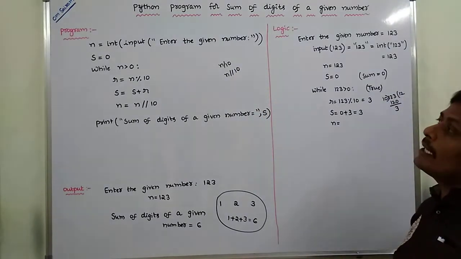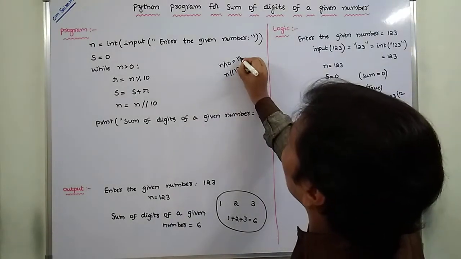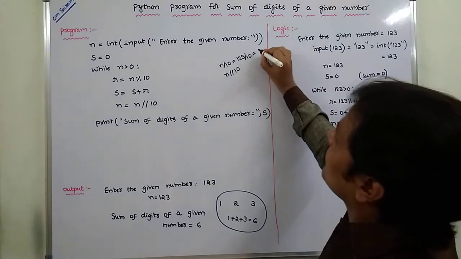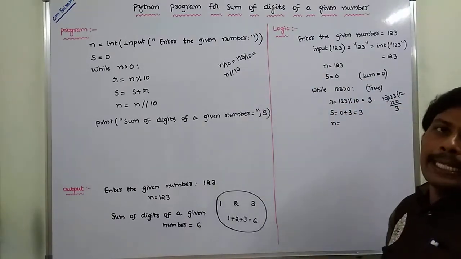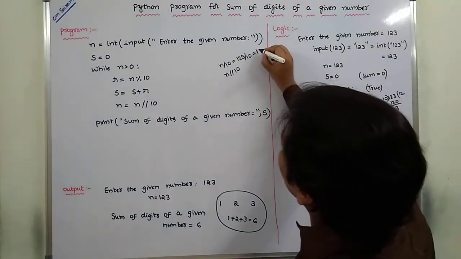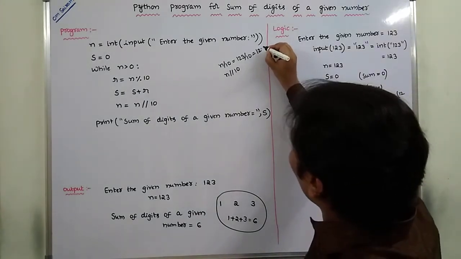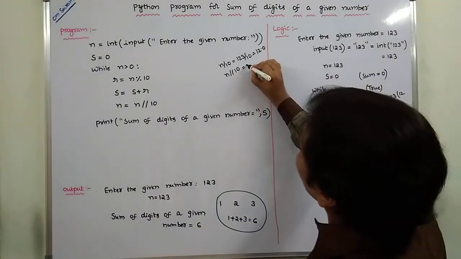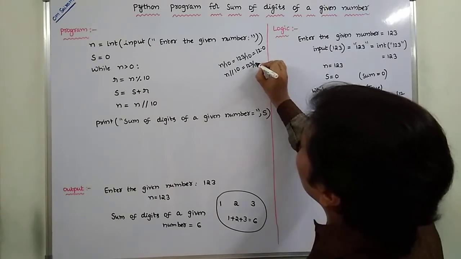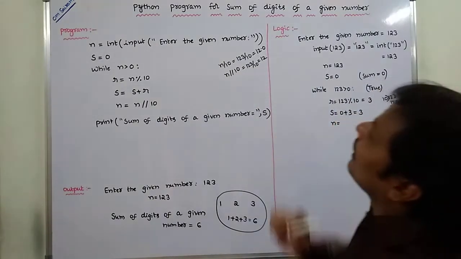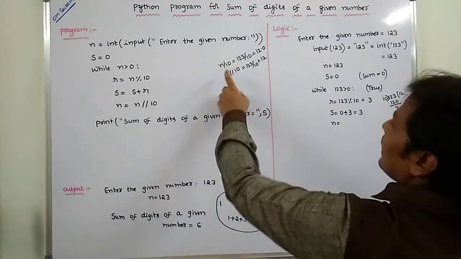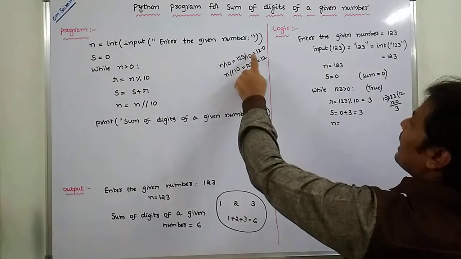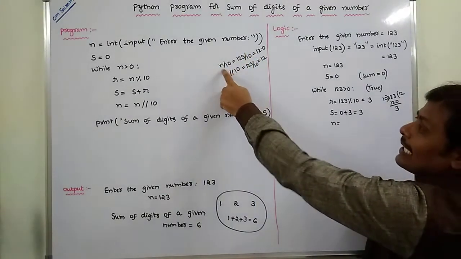For example, n value is 123. 123 divided by 10 is 12.3. Here it returns a float. But with integer division, 123 by 10 is equal to 12. So here in the case of Python, n by 10, that is 123 by 10, where n is an integer value.